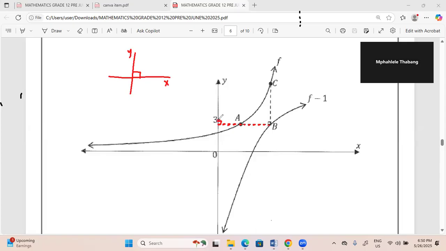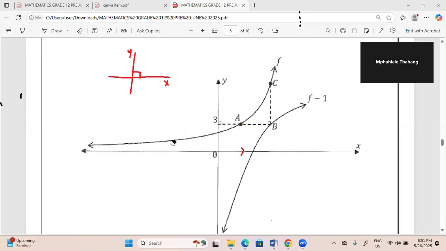If the y-axis is perpendicular to this line, it means the line drawn with a red color is also parallel to the x-axis.